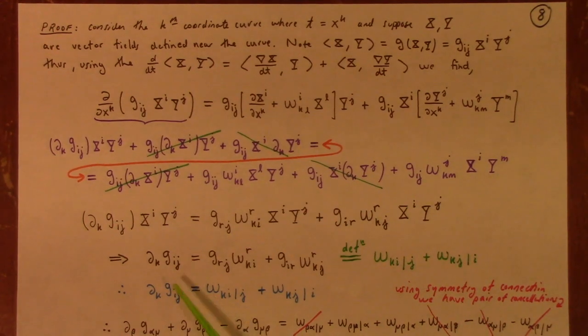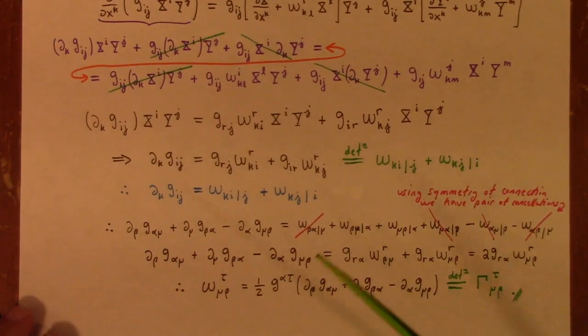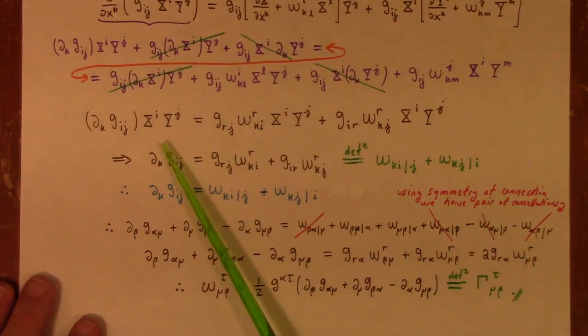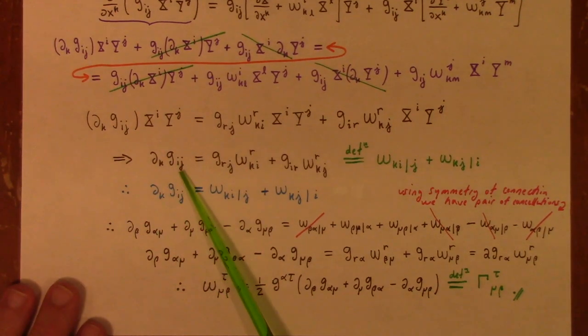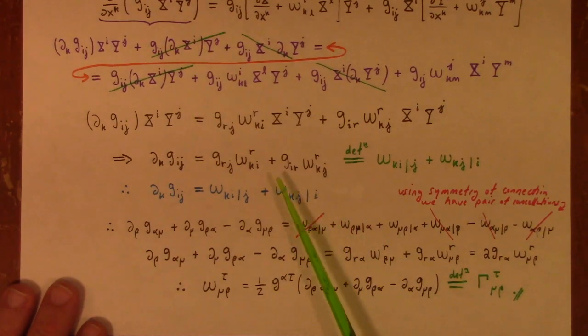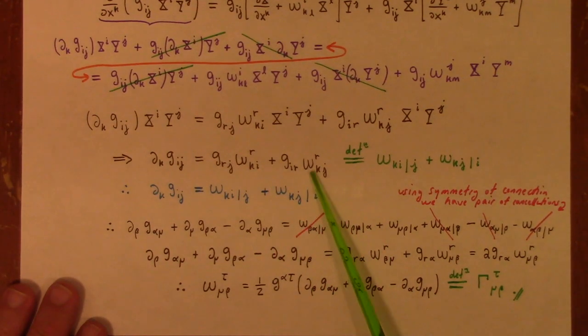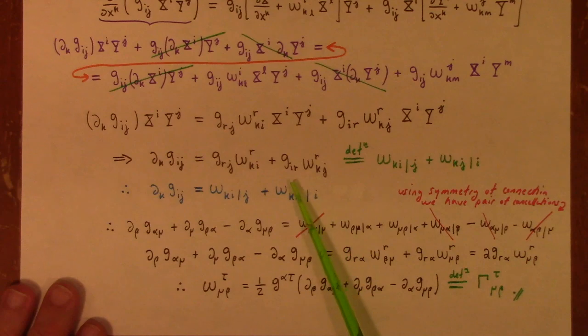And that then, since this holds for arbitrary x and y, we can drop them and just read off that partial k of the ijth component of the metric is equal to the contraction of the metric across the connection coefficient plus the contraction of the metric across the connection coefficient with the indices written as I have.